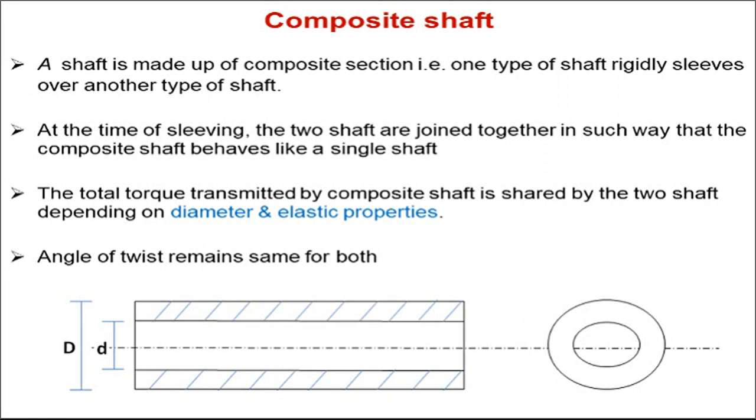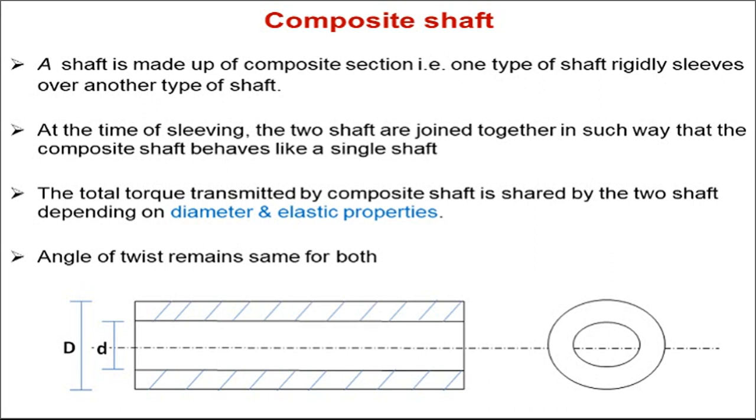At the time of sleeving, the two shafts are joined together in such a way that the composite shaft behaves like a single shaft.